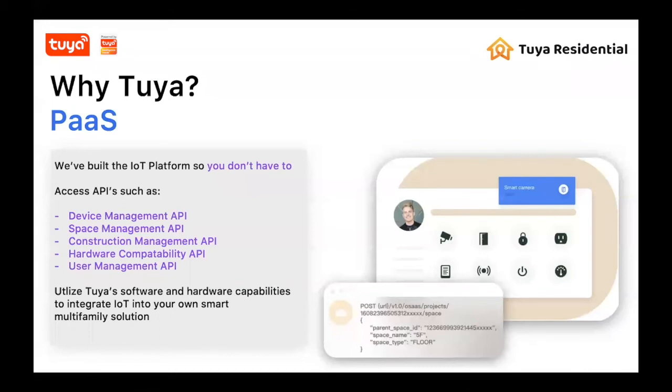So please get in touch if this is something you're interested in. We can provide the necessary APIs for device management, space management, user management, and many more, and support you in integrating these into your existing software platform. We'll be able to provide your development team with all the necessary APIs and SDKs.